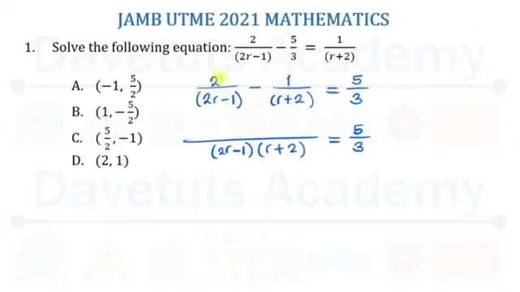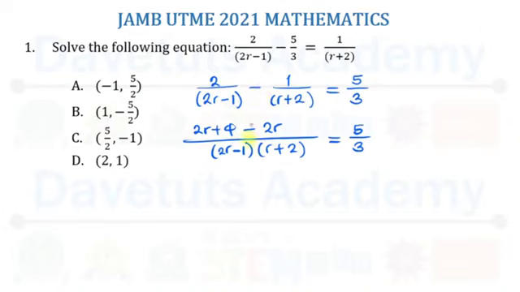But first, in this particular first term, since 2r minus 1 and r plus 2 is the LCM, that means 2r minus 1 is well taken care of. I only have 2 multiplied by r plus 2 here, and I want to open the bracket straight. It will just be 2r plus 4, okay? Then minus, here in this case also, r plus 2 is a factor here, so what will remain is 2r minus 1. But I'm having minus 1 times 2r minus 1. If I want to open that bracket straight, it will just be minus 2r.